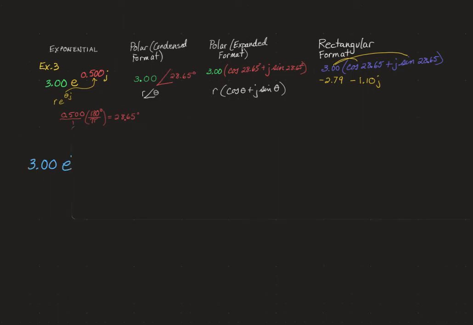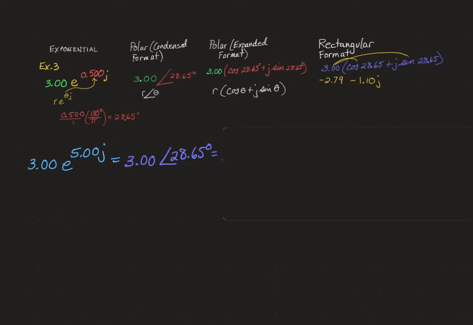So we start with 3.00 e to the 5.00j, the exponential form. That is equivalent to 3.00 and then the angle sign with 28.65 degrees. That is equivalent to the original form of the complex number.